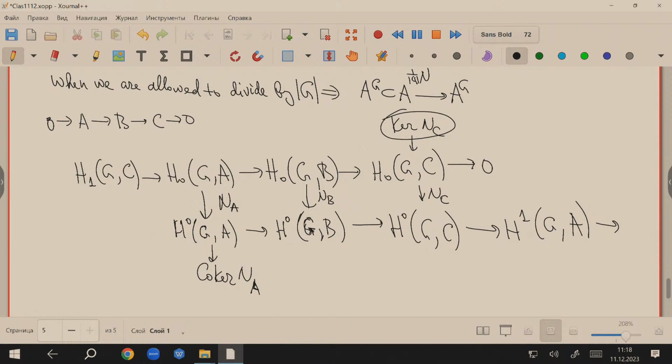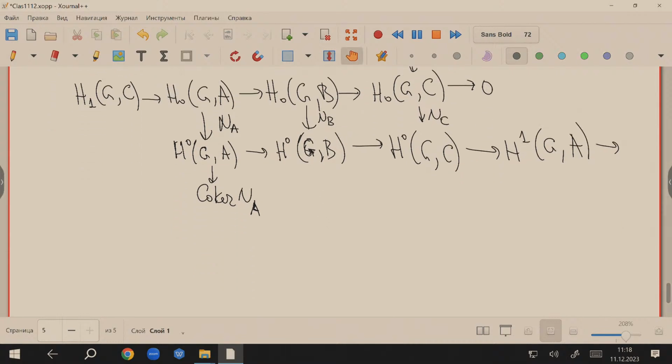So by the snake lemma you have a map from the kernel of NC to the co-kernel.